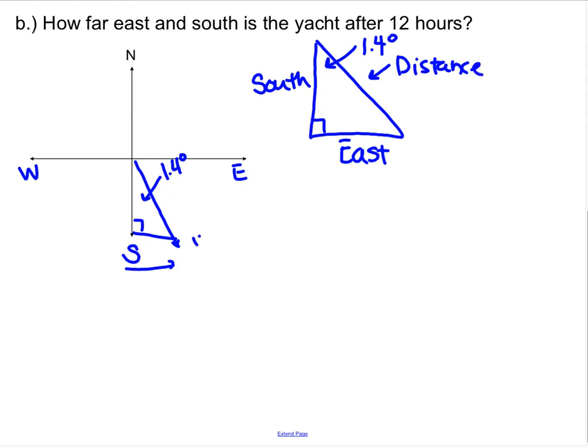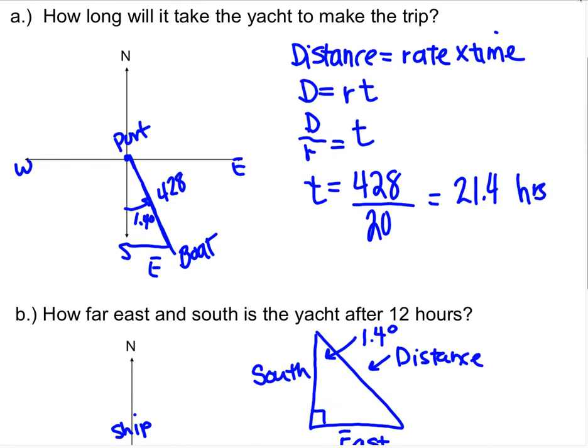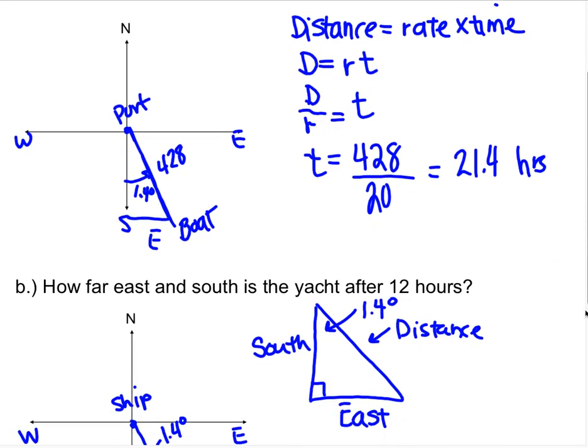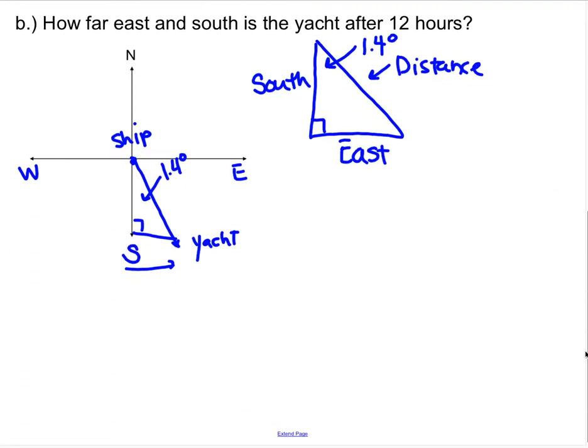Remember, this is our yacht down here. This is where we started. We haven't traveled 428 nautical miles yet. We are only at 12 hours, so we have to find out what that distance is. We're going to use that same equation: distance equals the rate times the time. So let's see how far we've gone to find this unknown x.